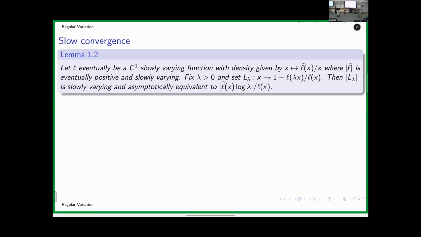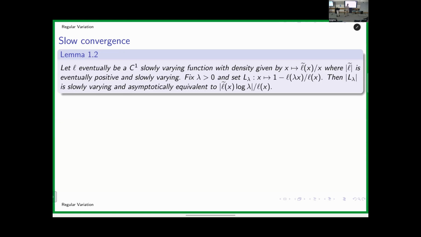So I said this yesterday, maybe I should have emphasized it more. This quotient is going to 1, for any slowly varying function. That's the definition of it, and the convergence is uniform in lambda on compact sets. Some people have studied how fast this happens under certain contexts, but I guess they were not motivated enough to look at just how fast or how slow it can be.